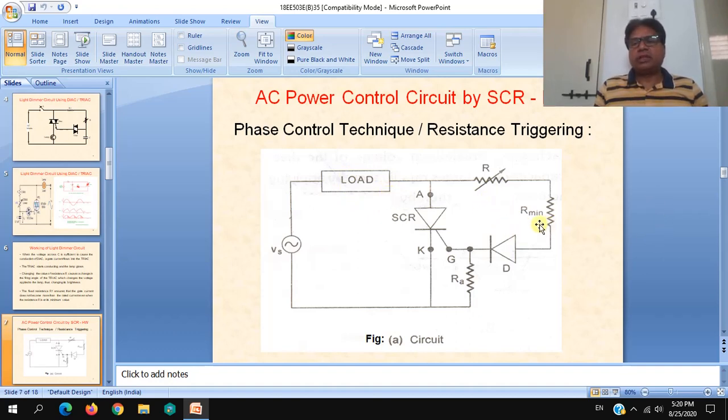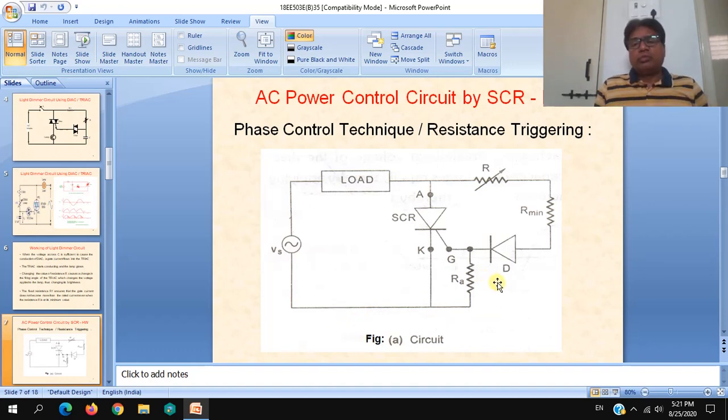Just similar to the previous circuit, this is the R minimum or R1 of the previous case. This is the minimum value of resistance, and this is the variable resistance or potentiometer. In the place of the diode of the previous circuit, here a forward bias diode is connected in series with the gate circuit of the SCR, and again another resistance RA is connected to maintain the proper voltage between the cathode of the diode and the return path.